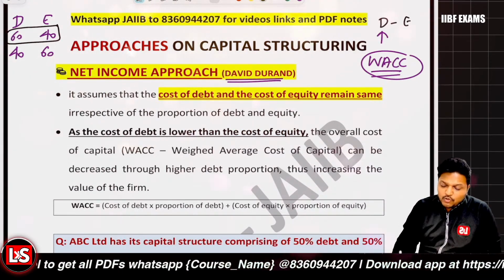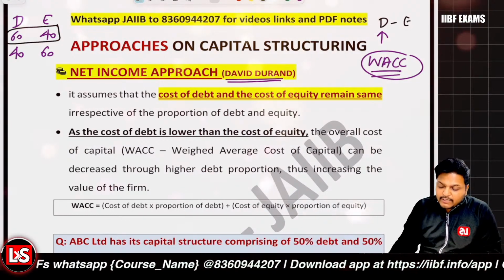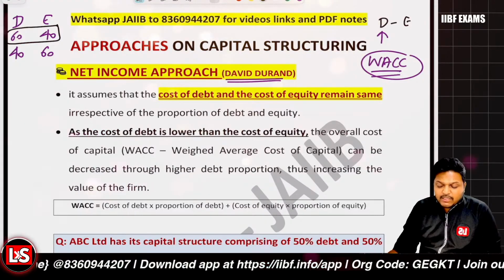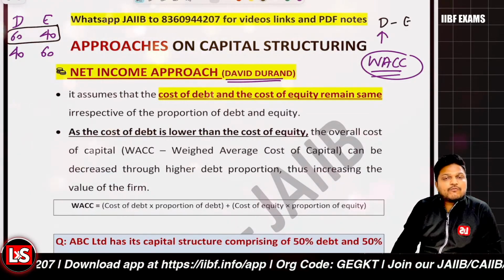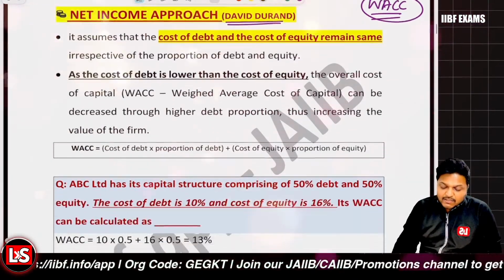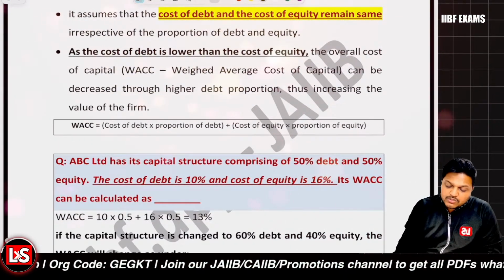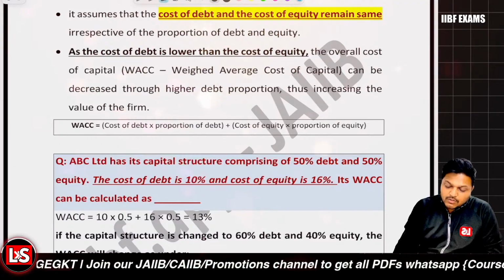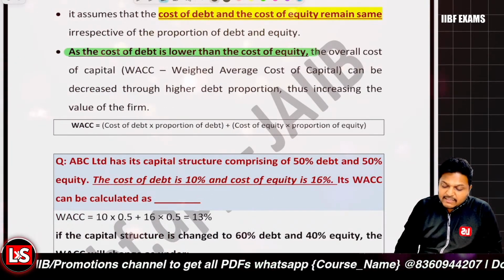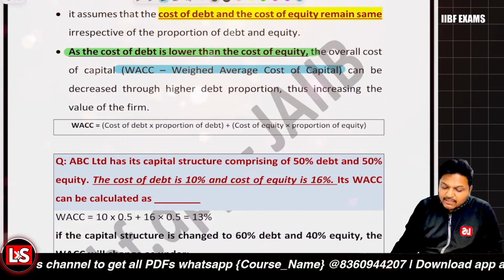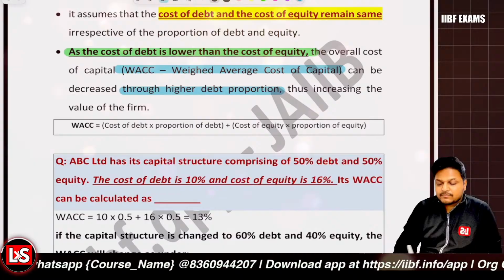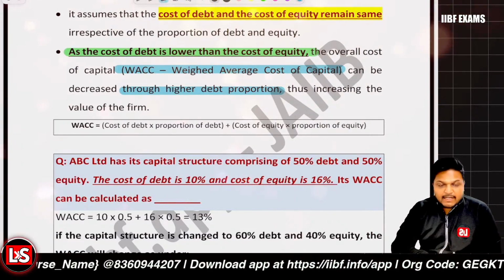They basically assumed that the cost of debt and cost of equity remain the same, irrespective of whatsoever proportion there is of debt and equity. And as the cost of debt is lower than the cost of equity, the overall cost, that is WACC, the weighted average cost of capital, can be decreased if you have a higher proportion of debt.